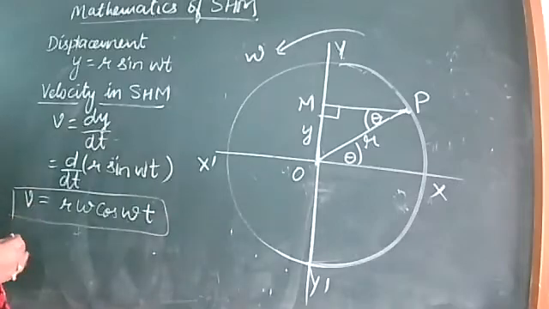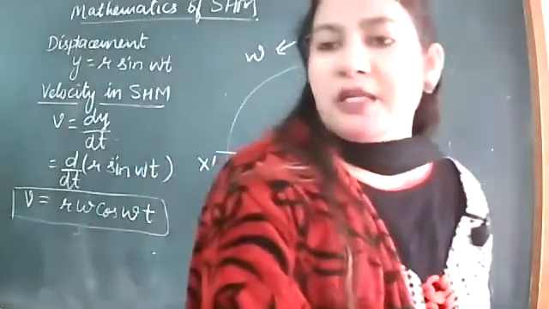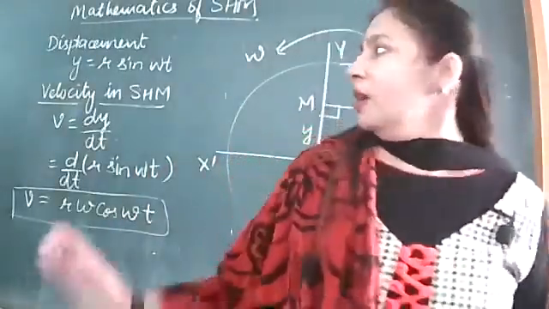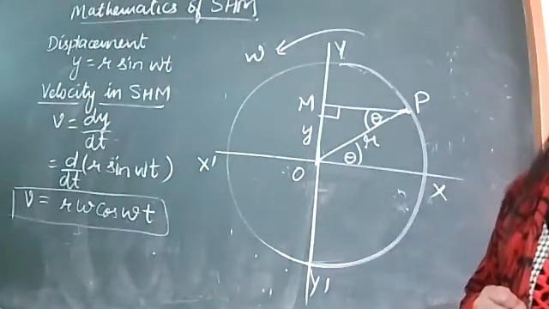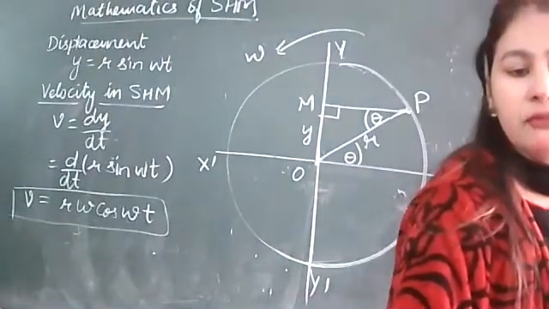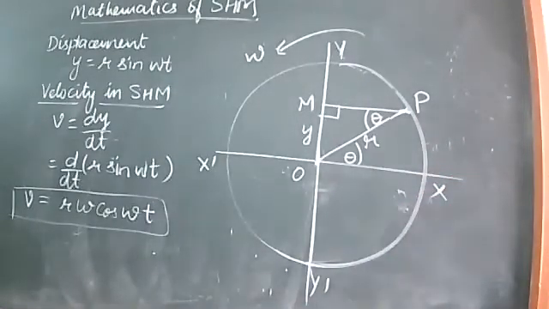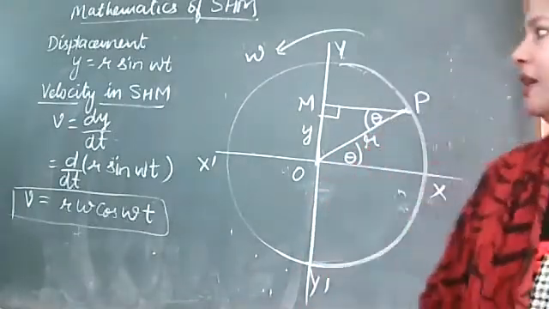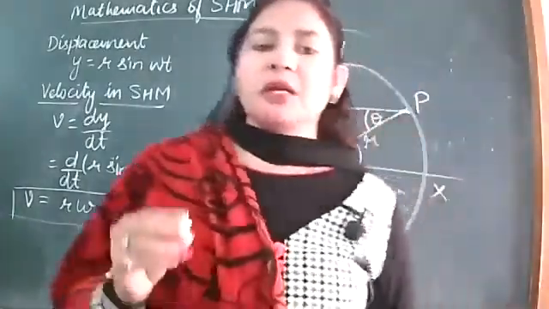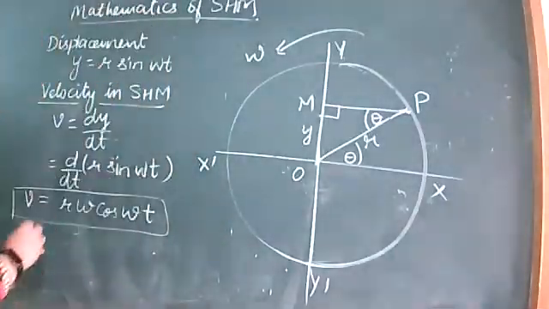So we can note this down for comparing that displacement is expressed in terms of sine and velocity is expressed in terms of cosine. Okay, so this is velocity in SHM, but this is not the desired expression. We are yet to derive it.